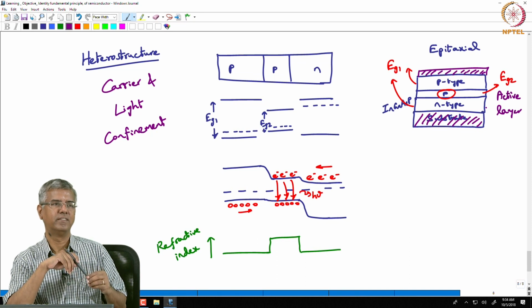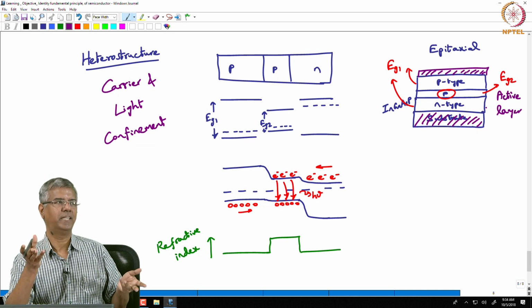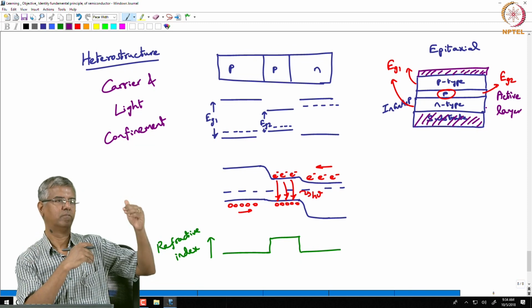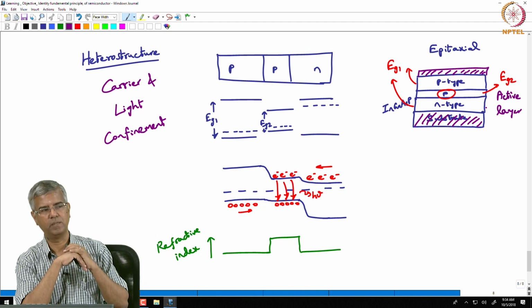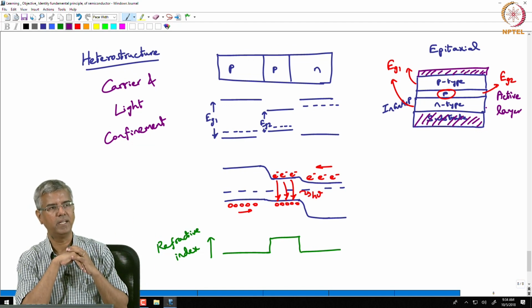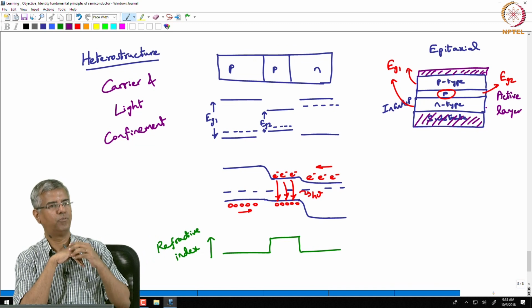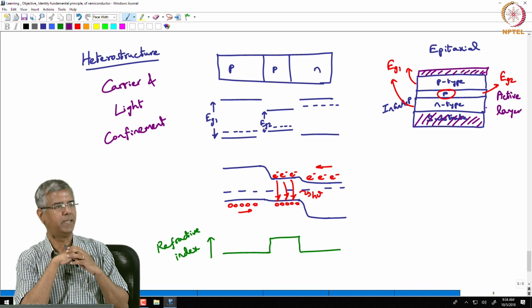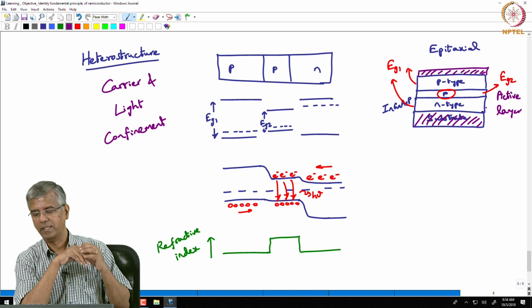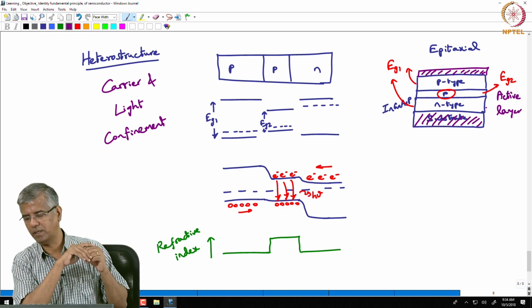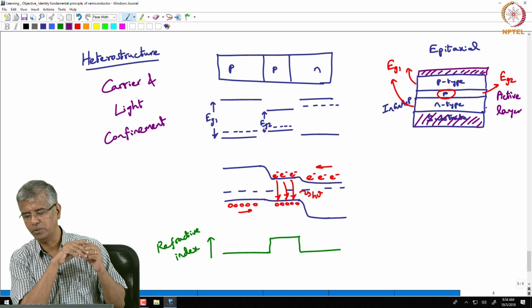So you have the possibility of stimulated emission happening, because you have this carrier density, the electrons in the conduction band and holes in the valence band, and you have photons that are also guided in that region.